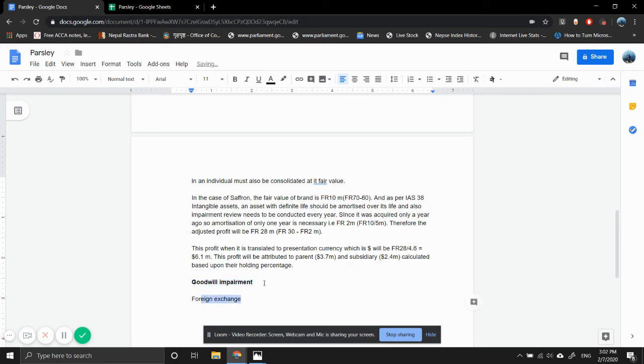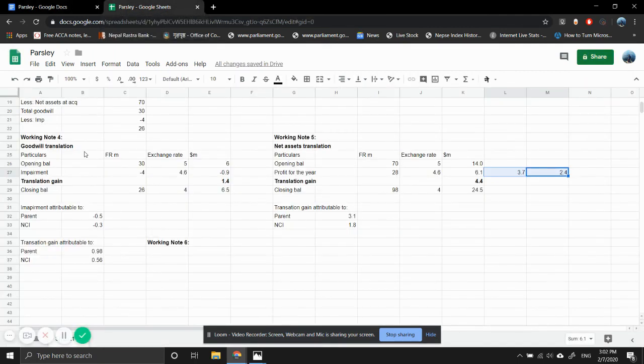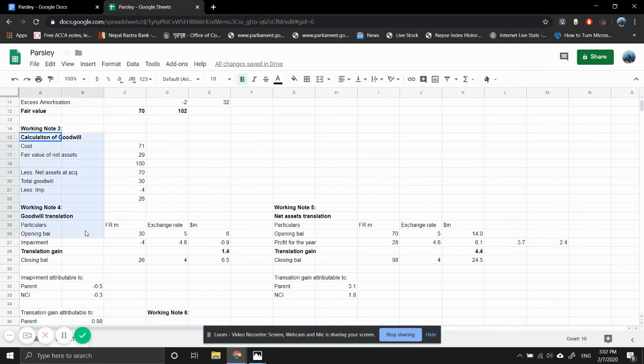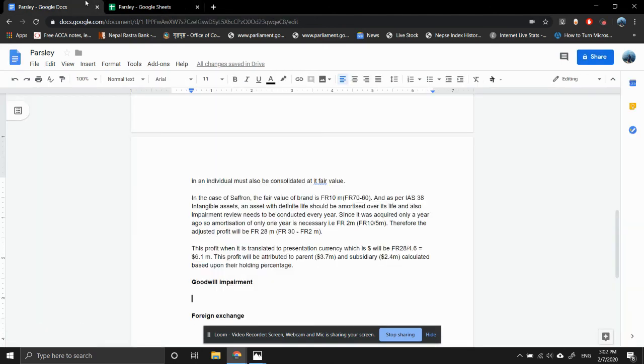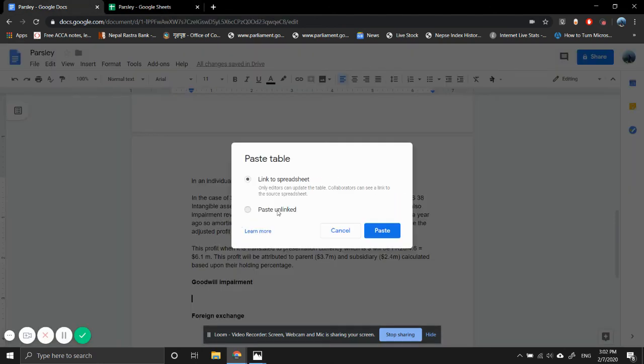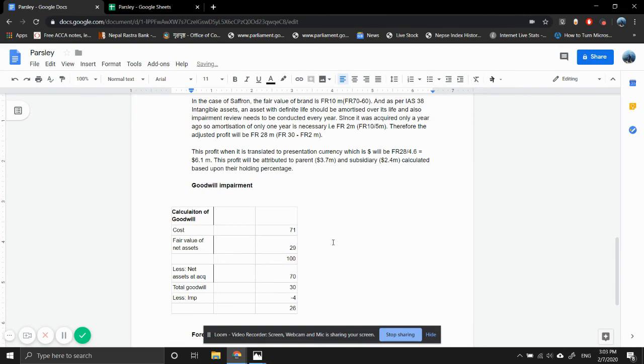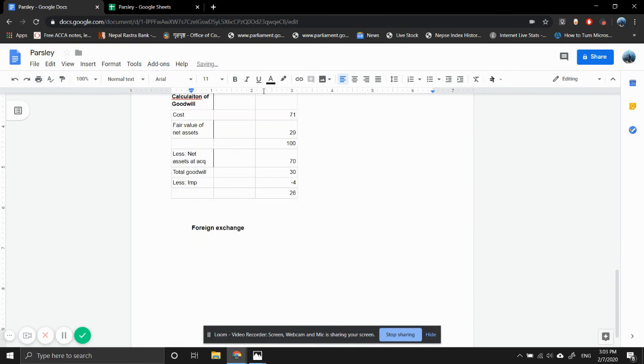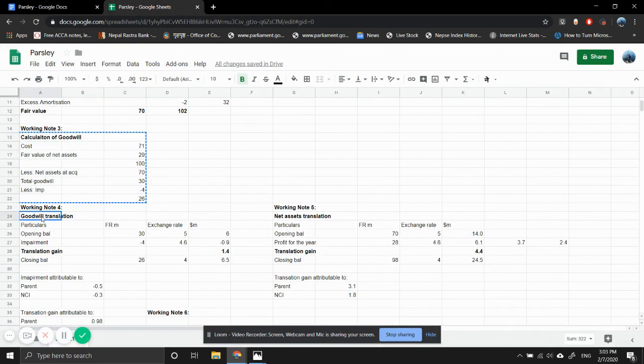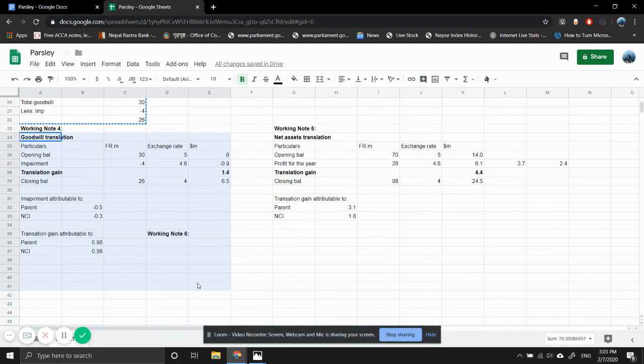So what about impairment, goodwill impairment as well? What we will do is put this whole calculation over here. The calculation is there, and then also the translation as well. Okay, goodwill translation as well, and this thing as well. Let's put the whole thing.